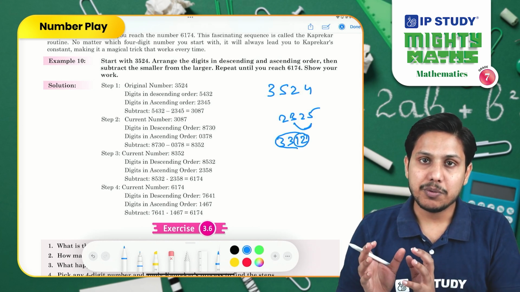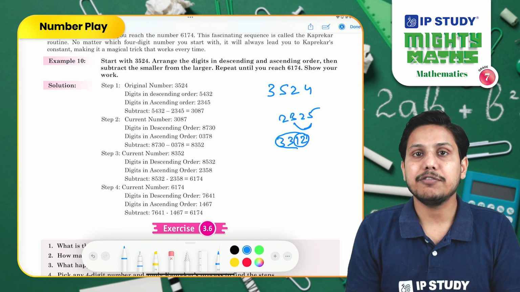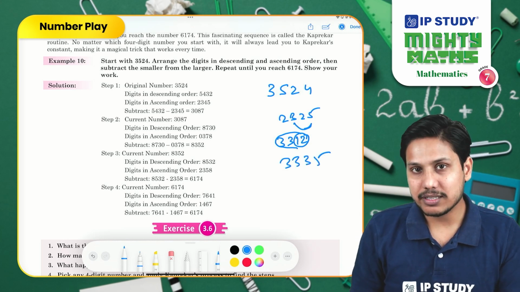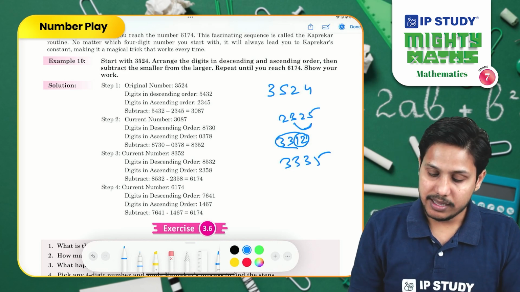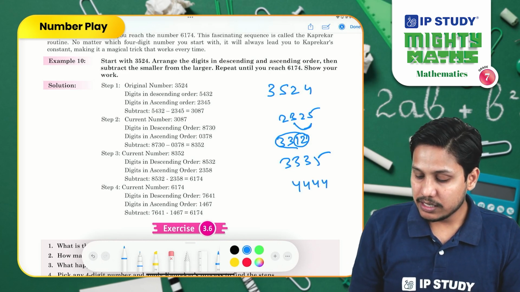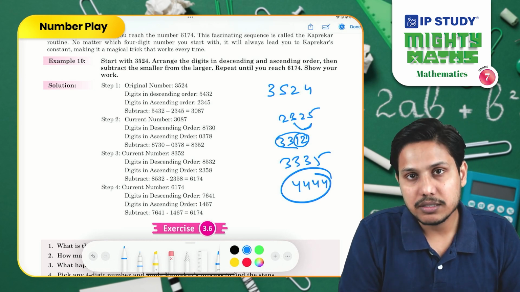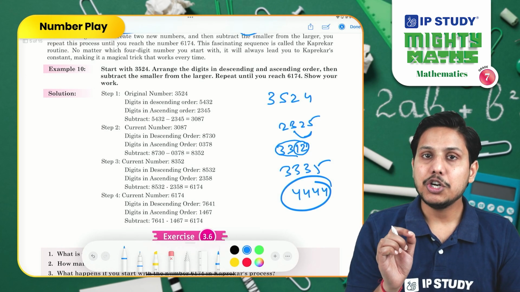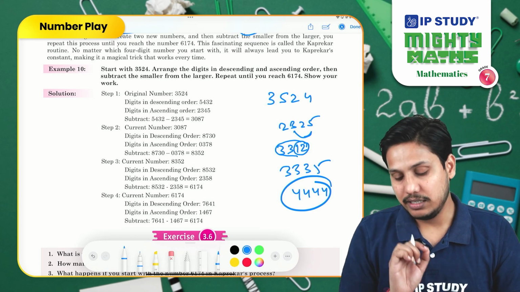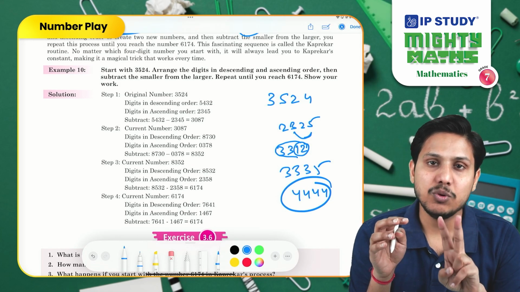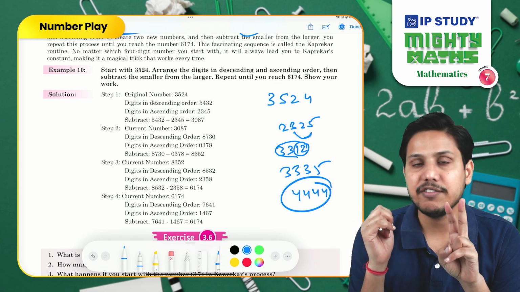There should be at least two digits that are different. Numbers like 3,3 and 3,5 can be used to apply Kaprekar's constant. But if we have a number with all the same digits, we cannot use it. So it applies to numbers having at least two different digits. And what is the process? The process is you have to find two numbers using the given digits.